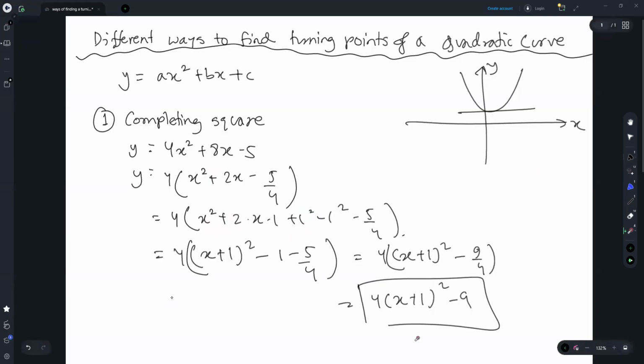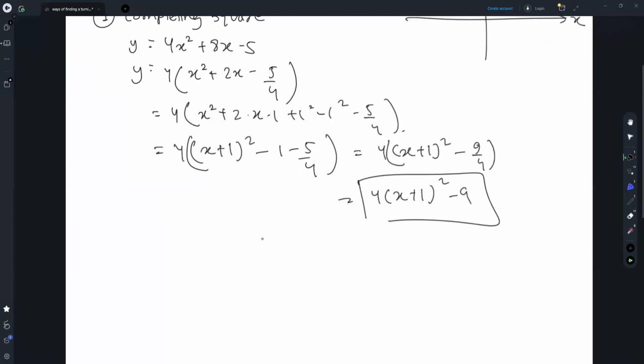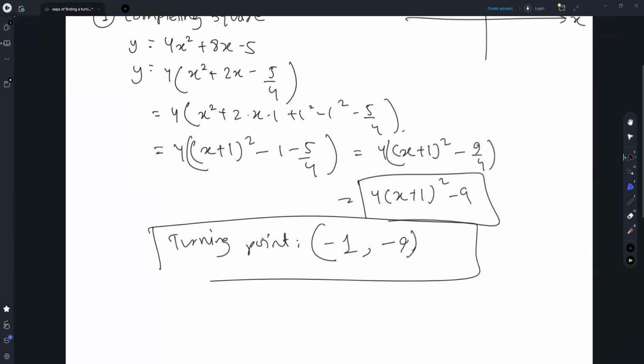This value, no matter if it's plus or minus, will always give the turning point. So the turning point will be this minus 9, and it's only going to happen if x plus 1 whole square is equal to 0. So we get x equals minus 1. That's the turning point. This is method number 1.